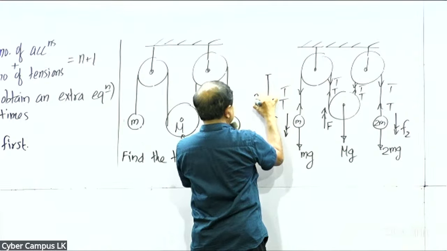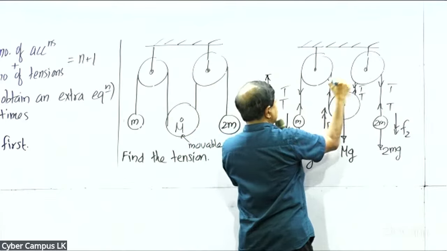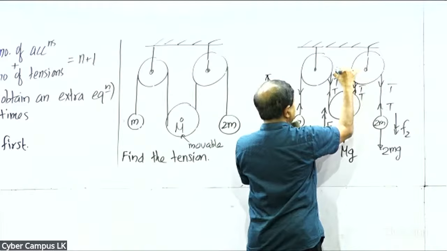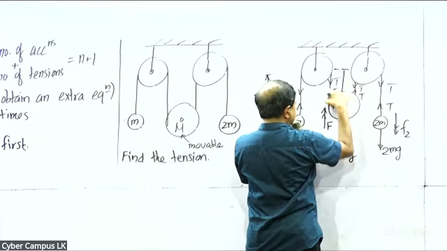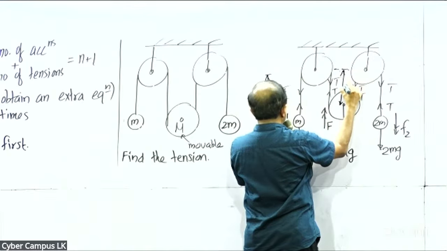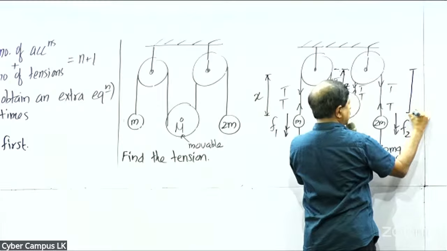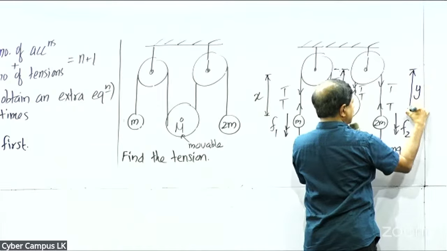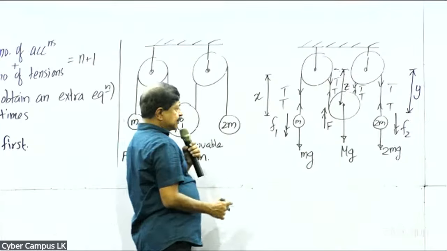I take this length as x. This straight portion can be taken as z. Let this be y. Now, those are just lengths.